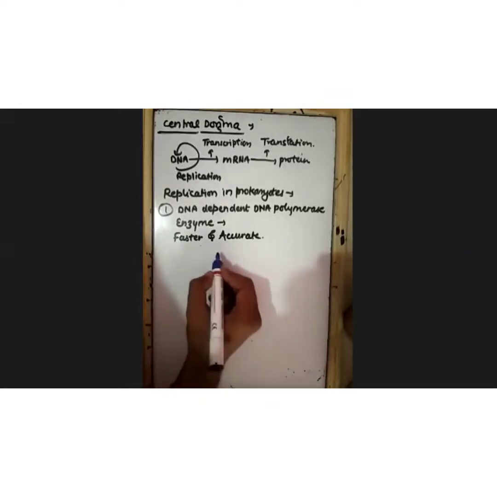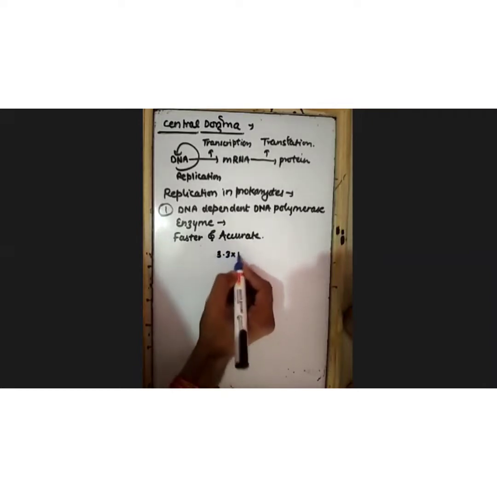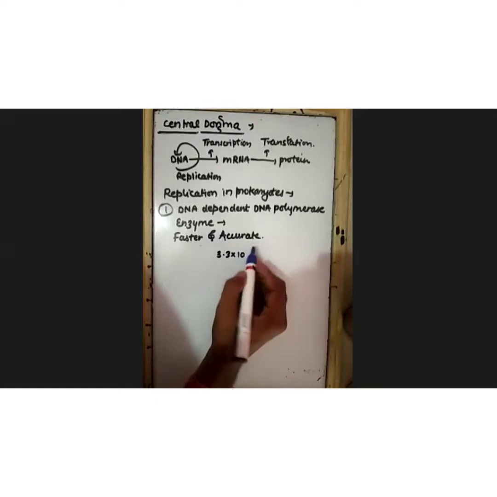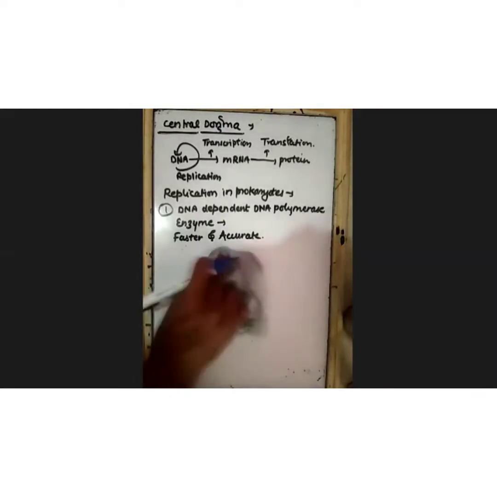Now you know that a bacterial cell contains base pairs of about 3.3 into 10 to the power 6.